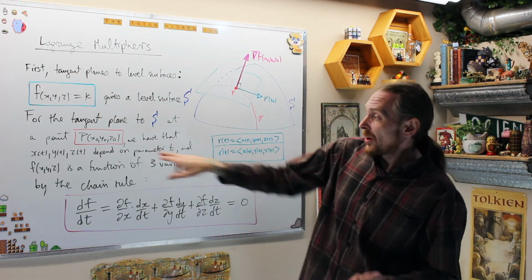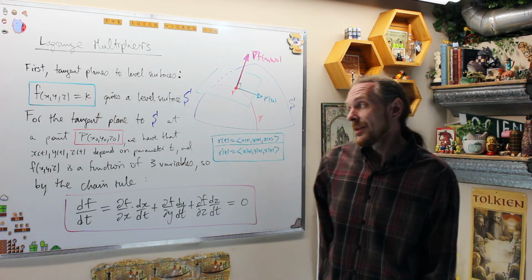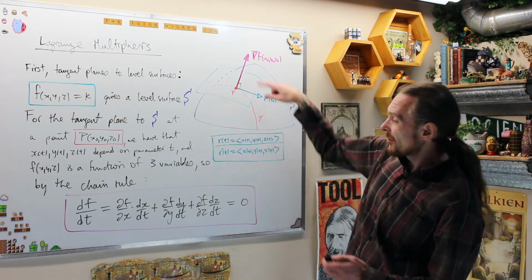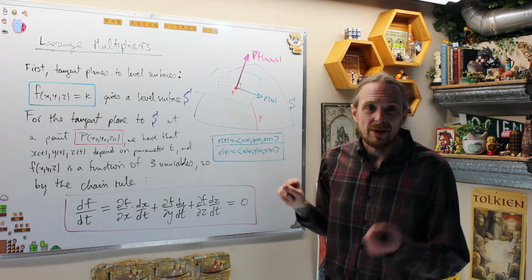To find the equation of the tangent plane to S at the point x naught, y naught, z naught, we remember from vector calculus that our position can be parameterized with the parameter t.